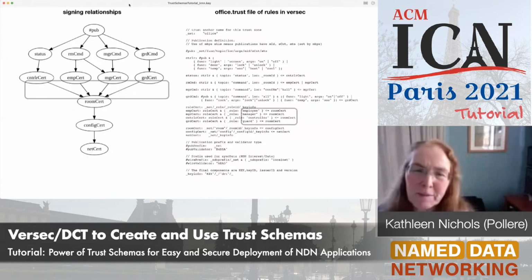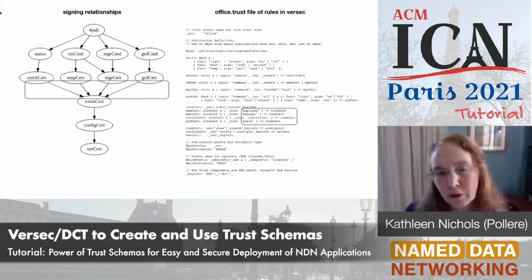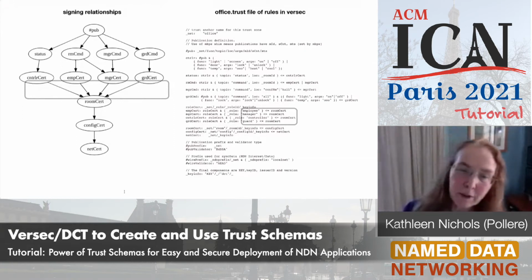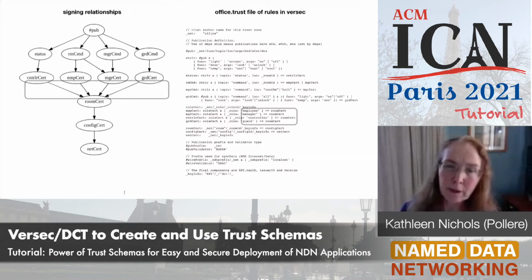Then I do want to say something else, I guess I forgot, which is that what I've got here is the room cert is signed by a config cert, and that's signed by a net cert. And the length of a chain here for configuration would kind of depend on your application. But you probably don't want to be using your trust root directly all the time.